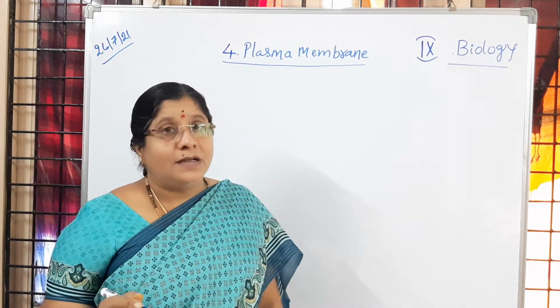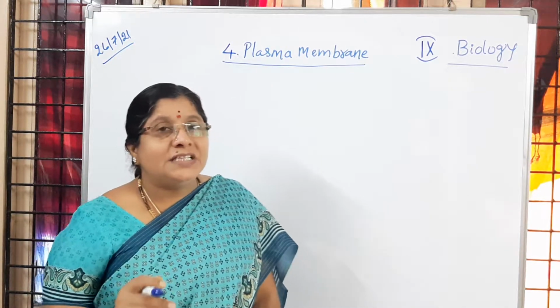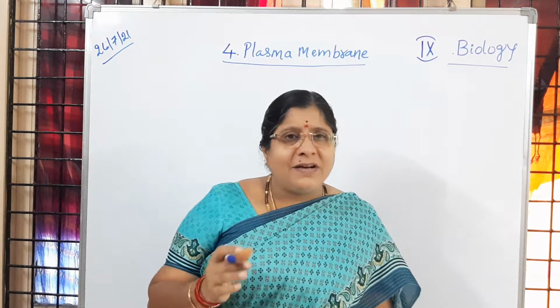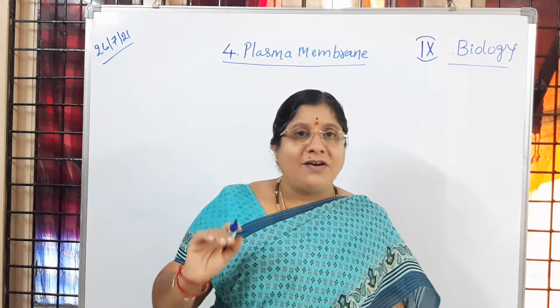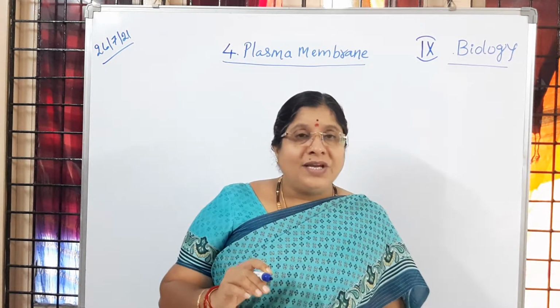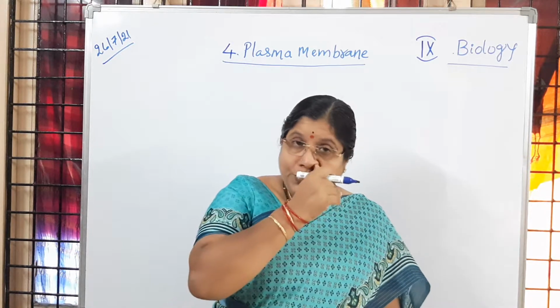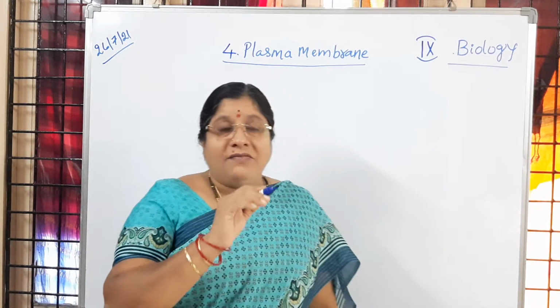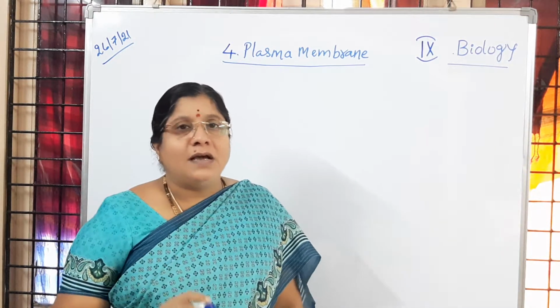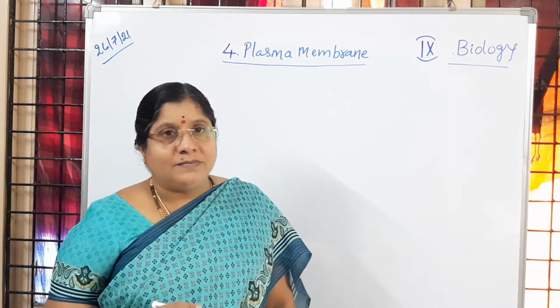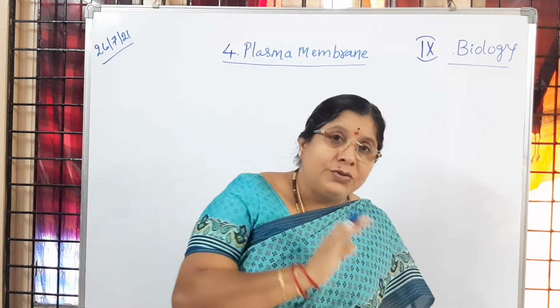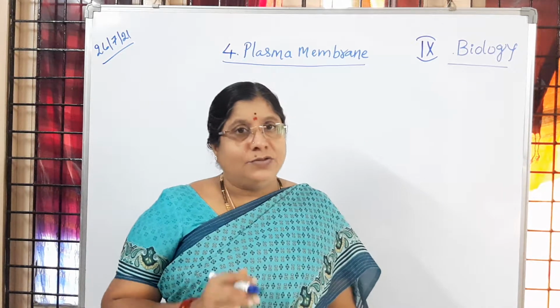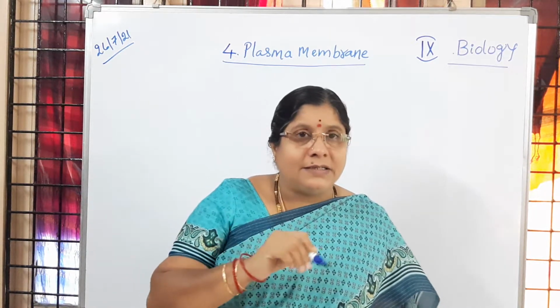In both the activities, what is the common factor you are observing? Movement of water, is it not? In the first activity, 2A, the kishmish is kept in a beaker containing tap water, so water entered into the dry kishmish through its outer covering.